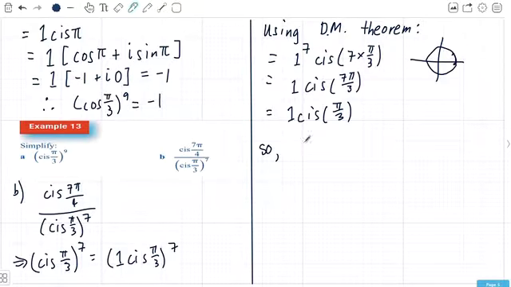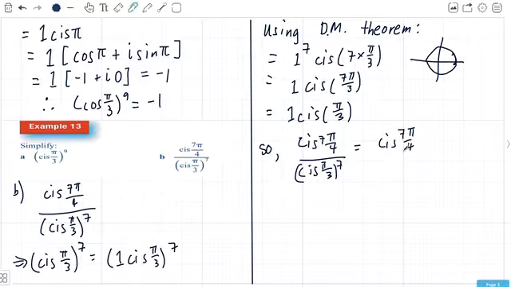Now what we want to do is work on the whole division. So cis of 7 pi on 4 over cis of pi on 3, all to the power of 7, equals cis of 7 pi on 4 over cis of pi on 3, which equals, using De Moivre's theorem again, the numbers out the front. If there's nothing out the front, you can put a 1 there.